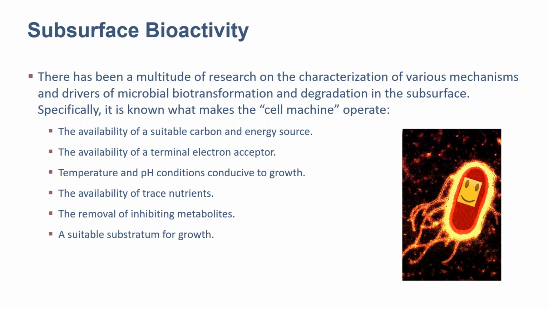You have to have the availability of a terminal electron acceptor. You have to have temperature and pH conditions conducive to cellular growth. And you have to have the availability of trace nutrients. You have to remove inhibiting metabolites or inhibiting compounds that may be in the subsurface that keep them from growing or being able to do what they need to do. But you also need a suitable substratum for growth.